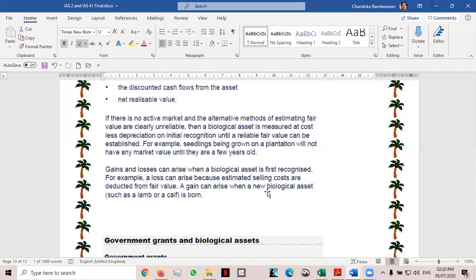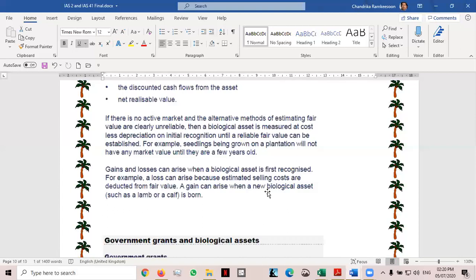But what happens after that? The business does not have much of a choice, as with the IAS 16 asset, where it has a choice of either the cost model or the revaluation model. In this case, even if the assets are valued at cost initially, as time goes by, as soon as a fair value can be determined, fair value is used.